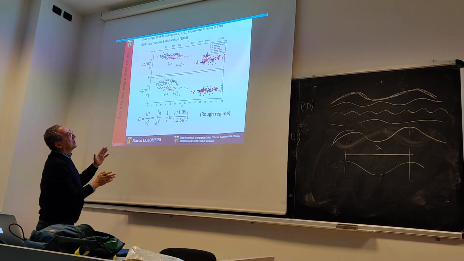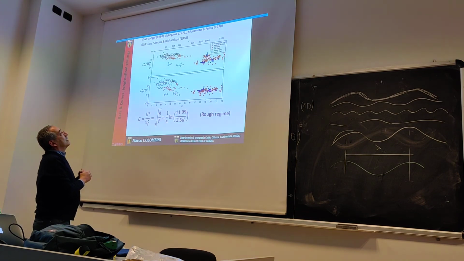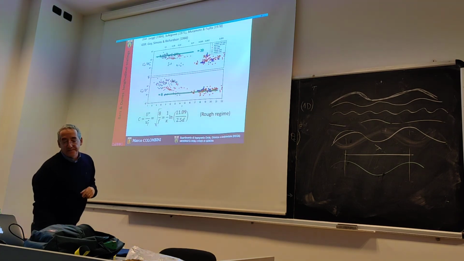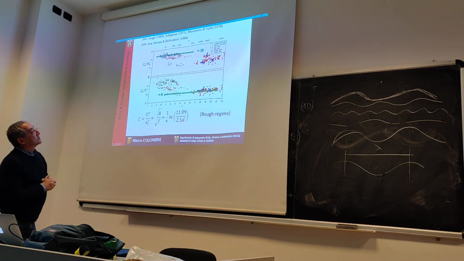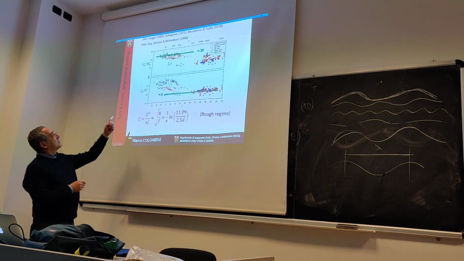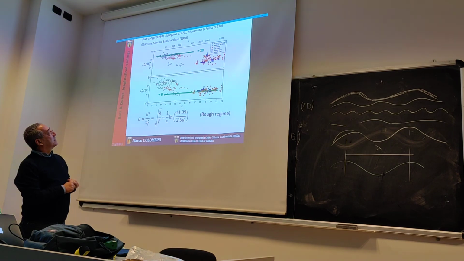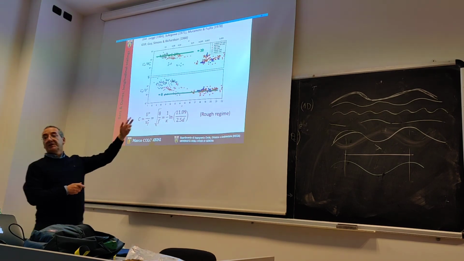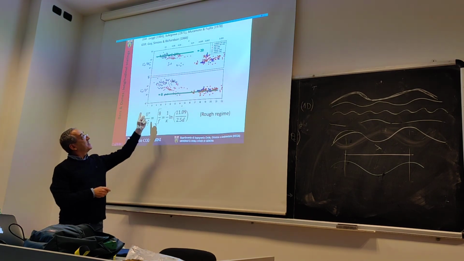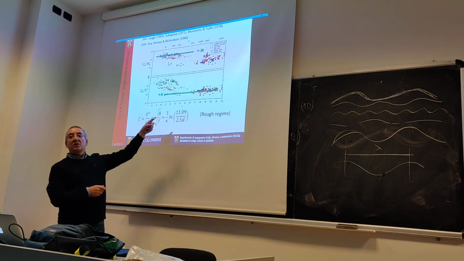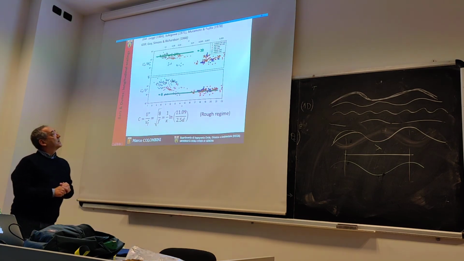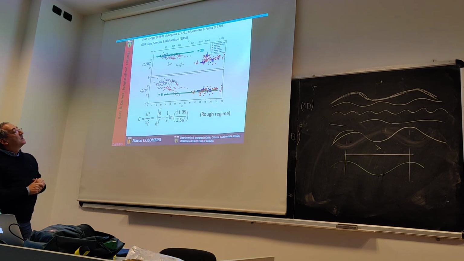First of all, when you scale the longitudinal wavelength with the flow depth, you obtain the same as before. So dunes and diagonal dunes tend to scale well with the flow depth. Alternate bars are not scaling well with the flow depth.